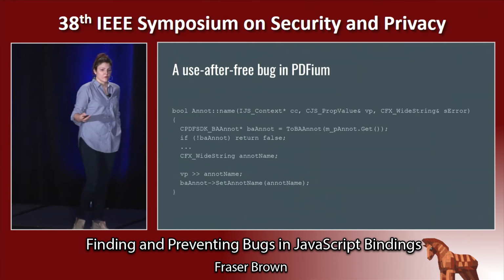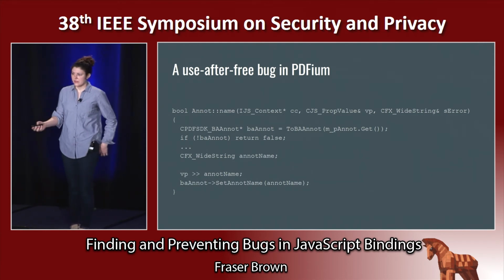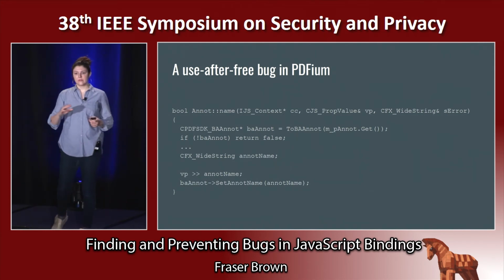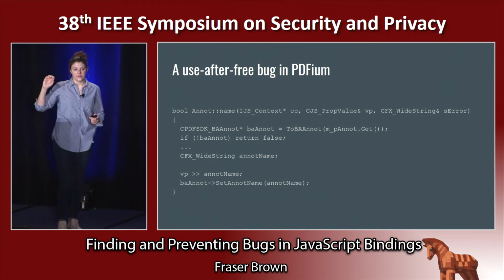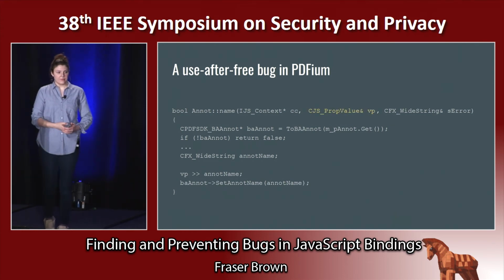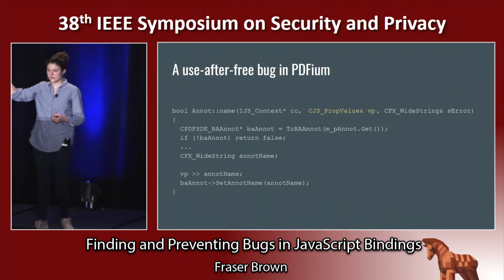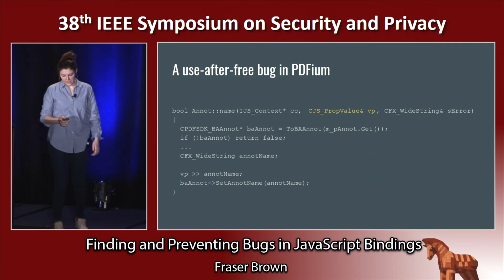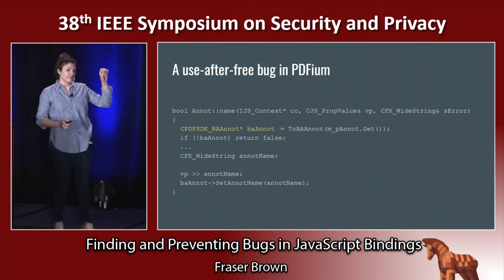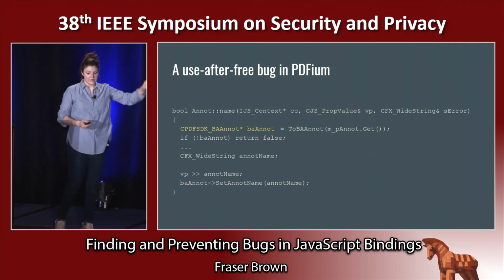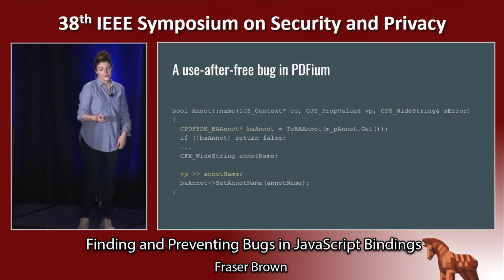So here's one more bug that we found. This is a use after free in PDFium, and this function is just supposed to rename an annotation in a PDF. VP is our user JavaScript new annotation name, and BA_annot just represents the annotation field in the PDF. This line here is the problem.